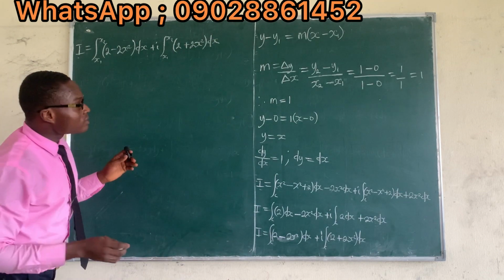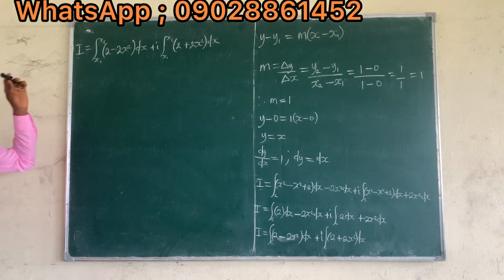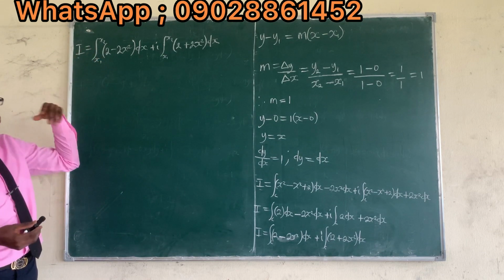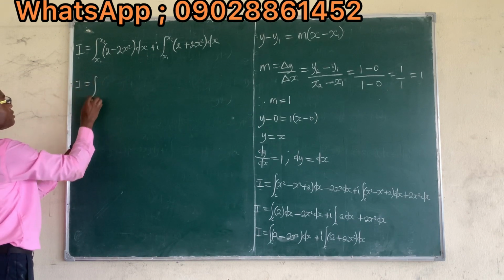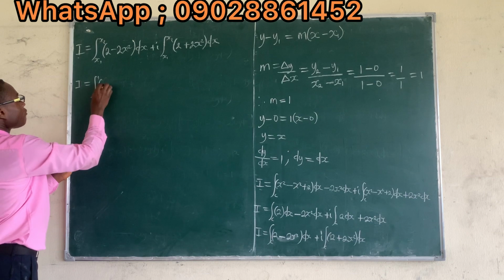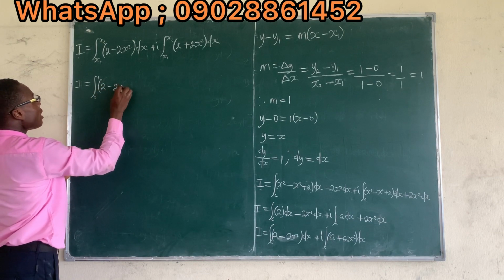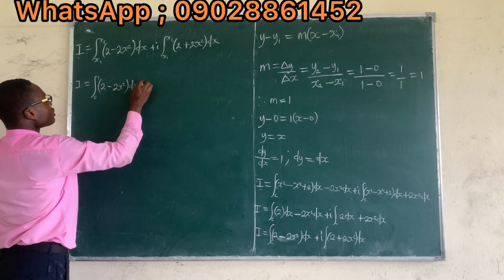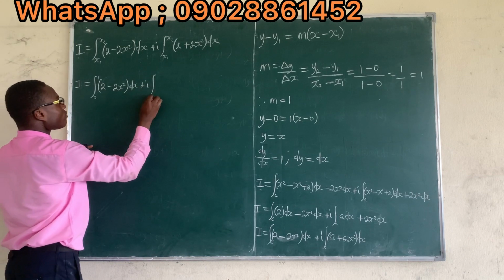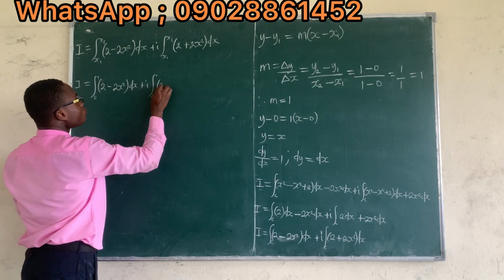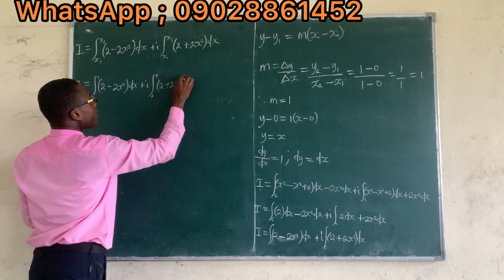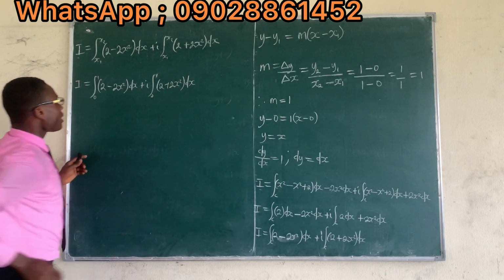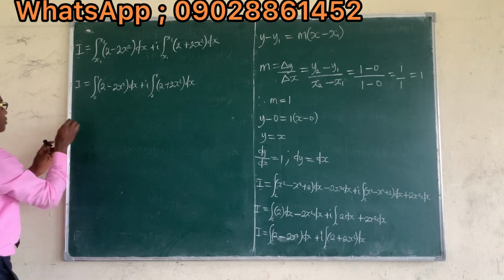Don't forget that our x1 was 0 and our x2 is 1. So I is equal to the integral from 0 to 1 of (2 minus 2x squared) dx plus i times the integral from 0 to 1 of (2 plus 2x squared) dx. Let's integrate.